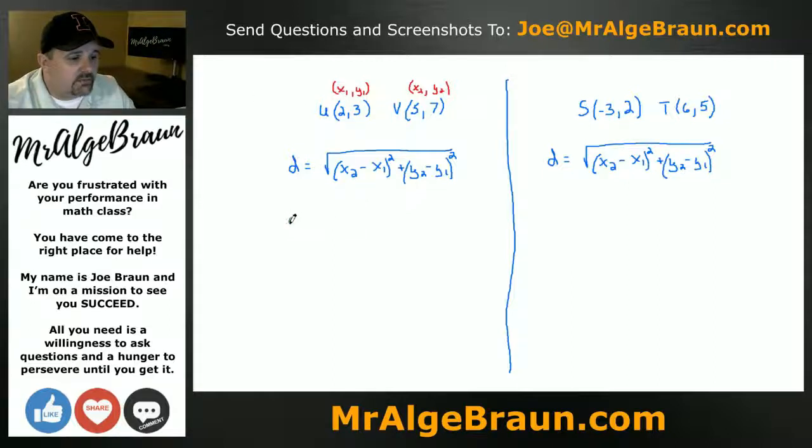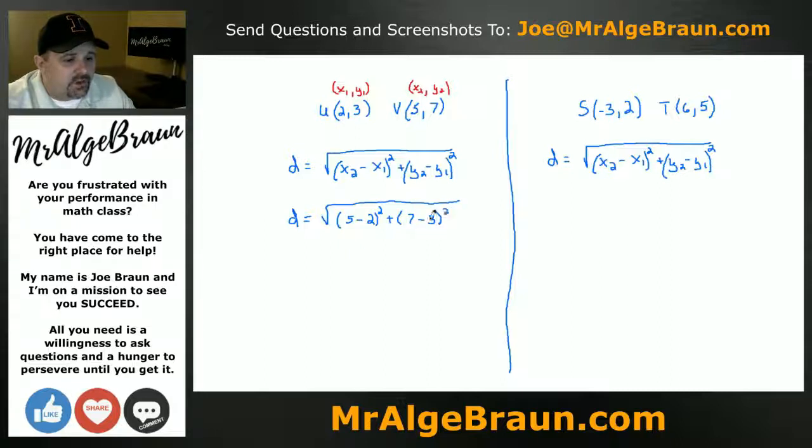So we're going to have d equals the square root, and then we'll start plugging some stuff in. So x sub 2 is right here, so that's 5. And we're going to subtract x sub 1, which is right here, which is 2. And square that, and then add it to the y's. So y sub 2 is right here at 7. Minus y sub 1 is over here, and that's 3.